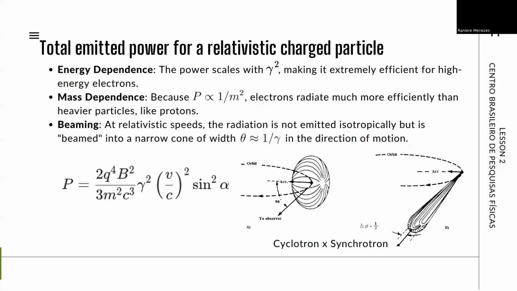And I also did a small simulation. But in any case, this is the case of the cyclotron emission, as I showed you a few slides ago. In the case of synchrotron, where we have relativistic electrons, the emission is concentrated in the direction of the movement of the particle. Okay, so it's beamed. This is what we call relativistic beaming.